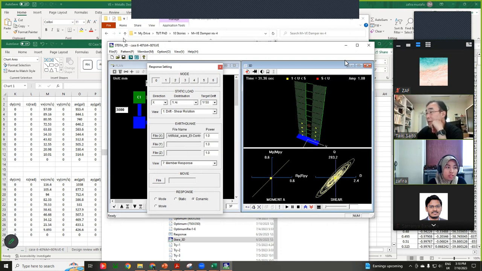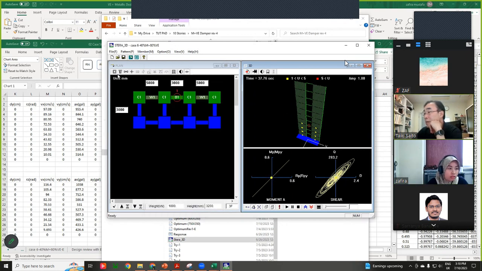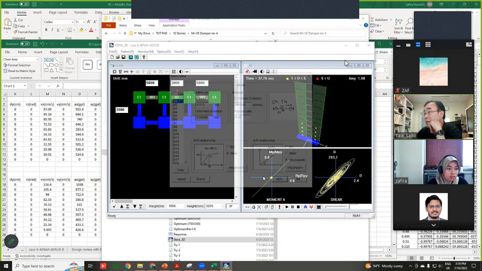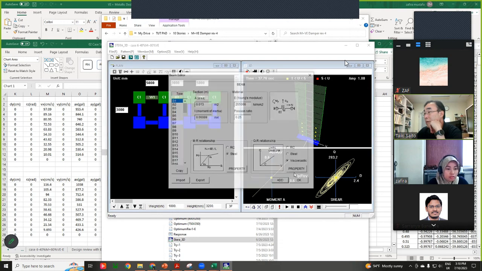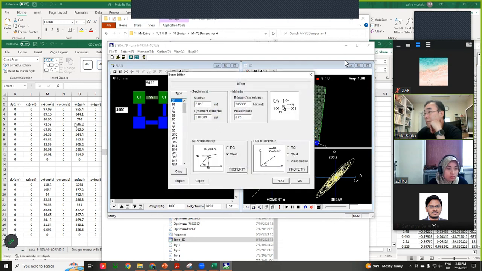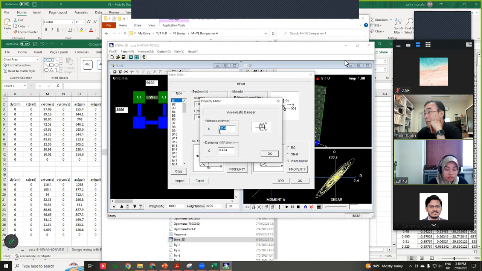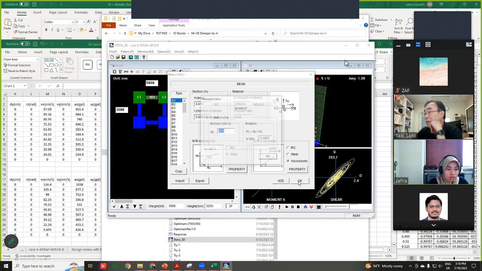But this is 40%. I can reduce it to 20% if you want to check. So 100 or 20%.